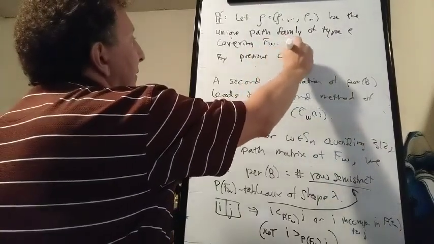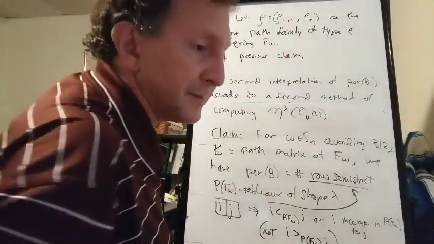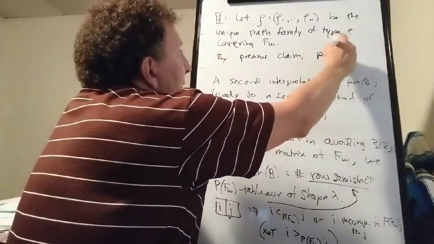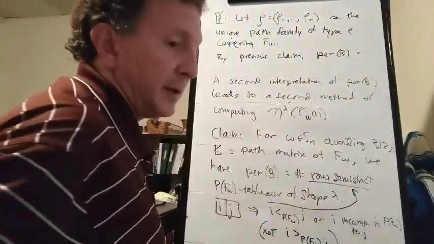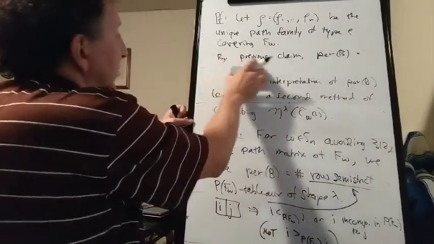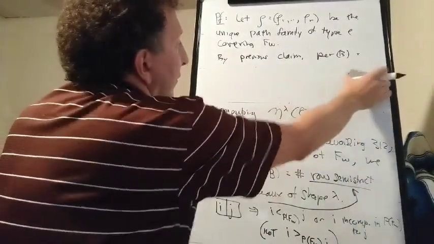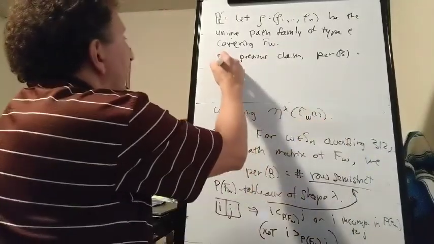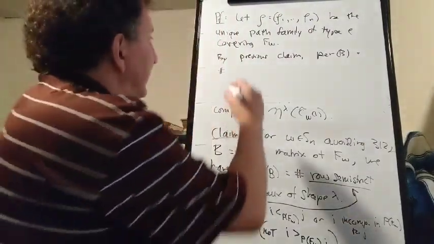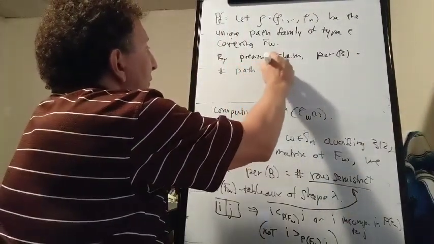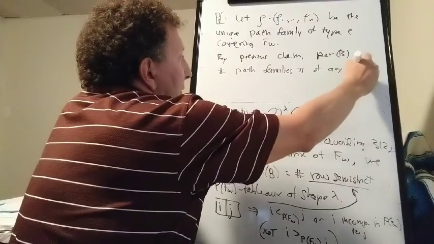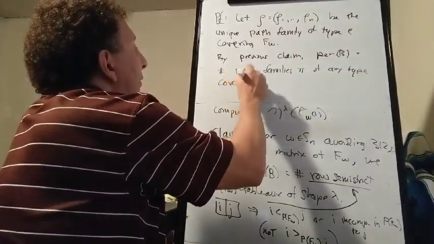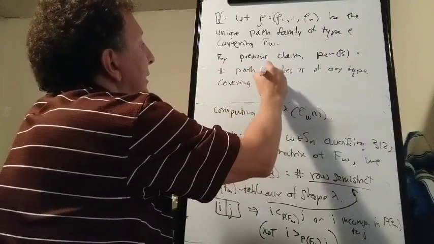And by the previous claim, the permanent of B equals the number of path families pi of any type covering Fw.